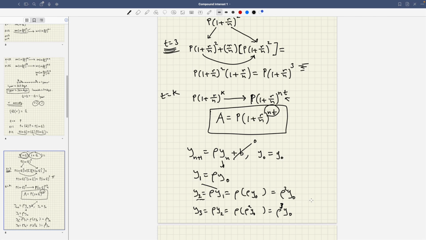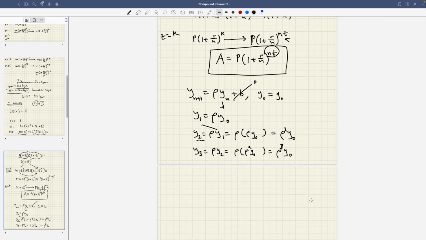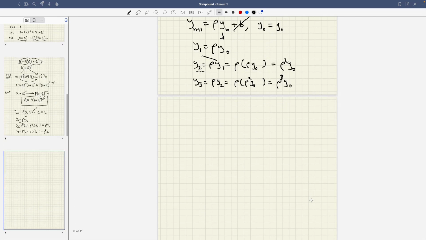All I'm saying here is just a difference equation. It's just giving you another way to derive the compounding formula. And you can continue to when it's n, which in reduced form is going to be rho to the n times y sub 0.